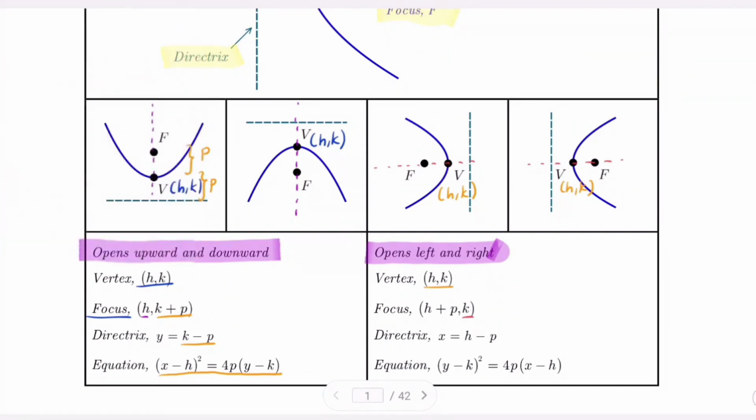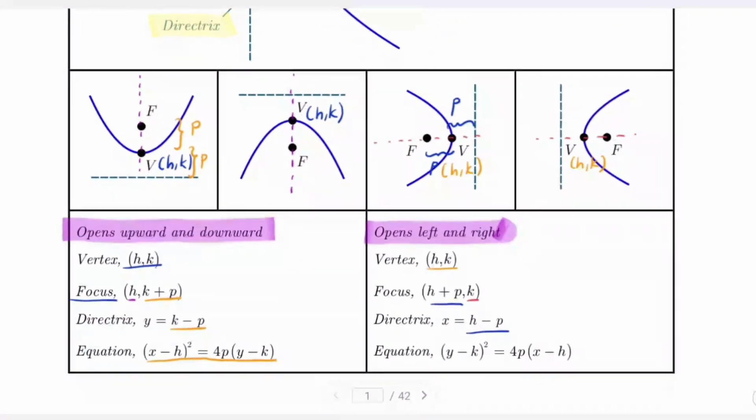And like before, the distance between F, which is the focus, and vertex is P, and the distance between the vertex and directrix is also P. So our focus will be H plus P, K, while the directrix will be X equals H minus P. The equation for these 2 parabolas will be y minus K squared equals 4P times x minus H.